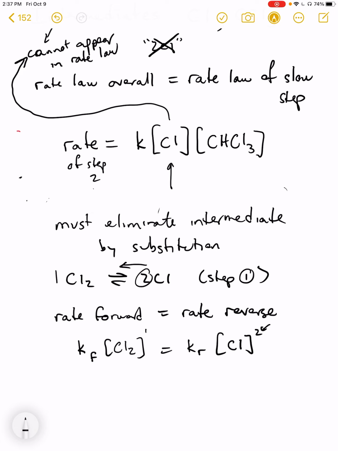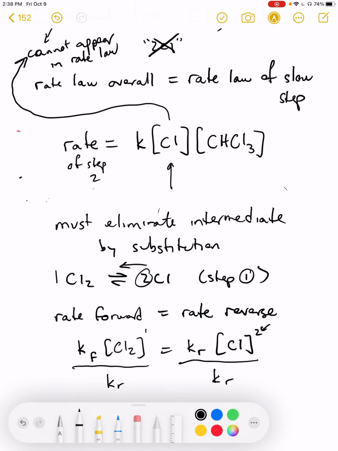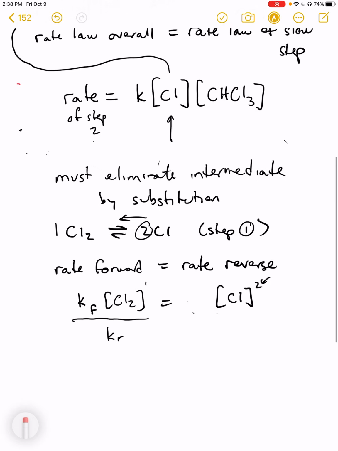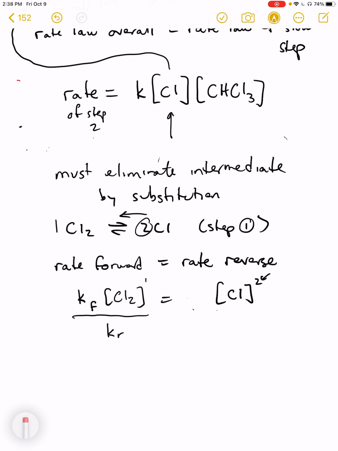The way I can do that is I can divide both sides of this equation by Kr. That will allow me to cancel these K reverses, right? And then I'm going to take the square root of both sides.